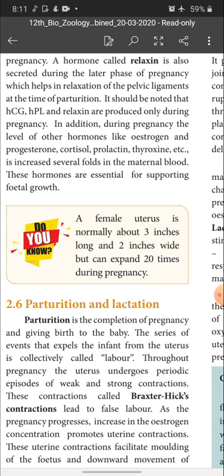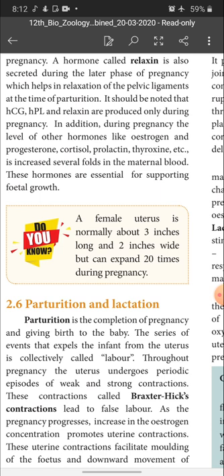The embryo attaches to the uterine endometrium and is covered with extra embryonic membrane, and the placenta and umbilical cord form, with chorionic villi fusing with the uterine wall and attaching the developing fetus to the uterus. Under this change, hormones are secreted. These hormones are essential for the maintenance of what? The developing fetus.